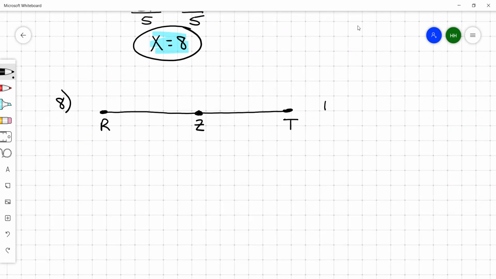You need to find X, RZ, and RT. You're told that R to Z is 6X minus 20, and that Z to T is 70.